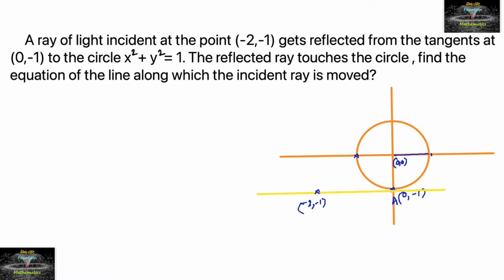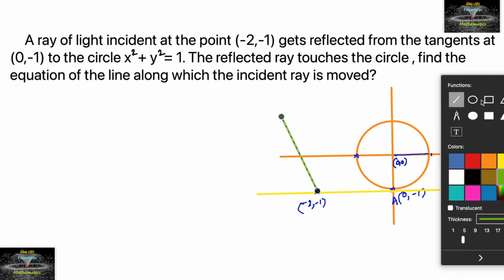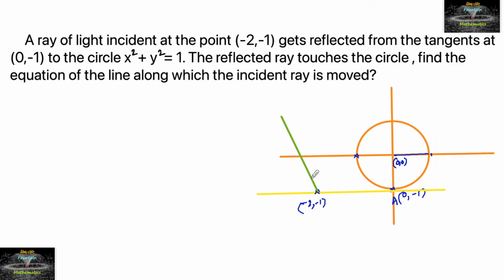Now a ray of light is incident at this point and gets reflected from the tangents. This is the tangent to the circle.